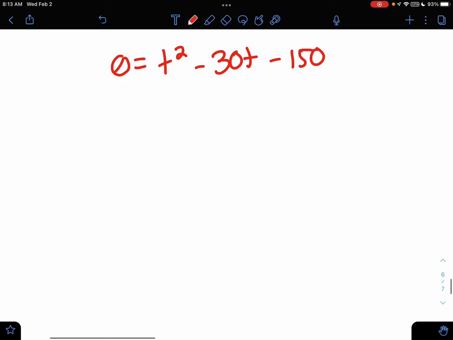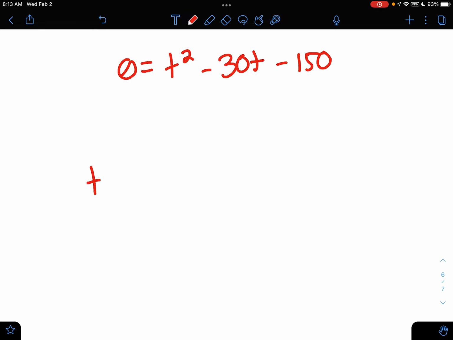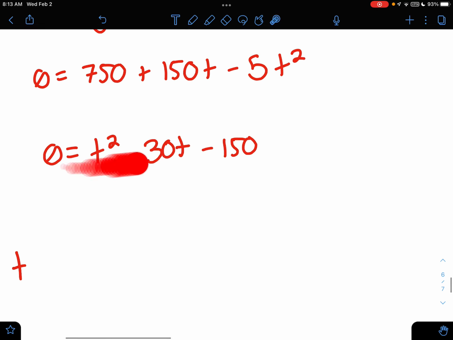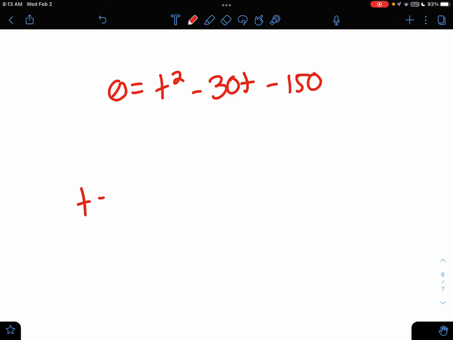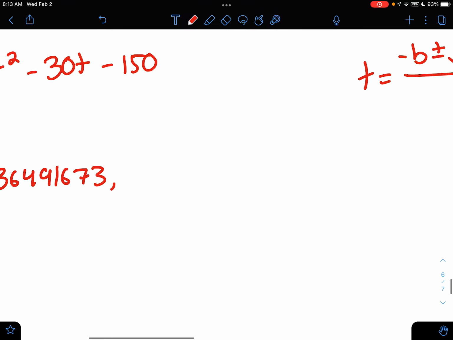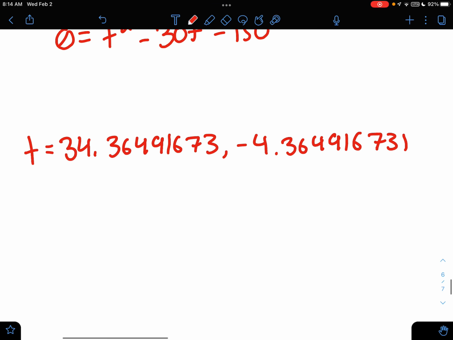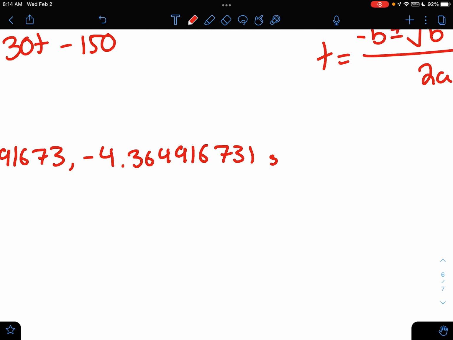I wrote a program that does it, so we get t. I wrote it with x over here, but since t is our variable in our quadratic, it's going to give us the value of t. So t is going to equal 34.36491673. You don't need this many decimals, but I enjoy having this many decimals. And negative 4.36491673. Since it's time, those are both going to be in seconds.